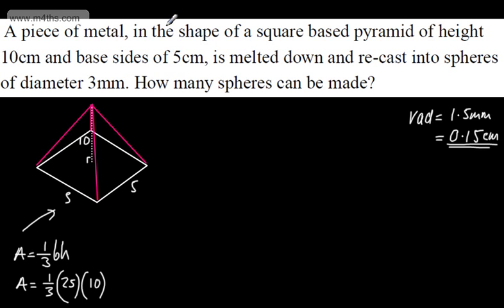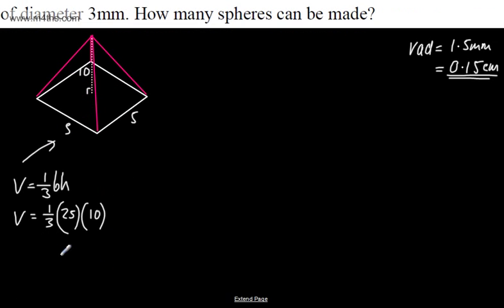I don't know why I've written area, we want the volume down here. Let's put the volume rather than the area, that makes no sense. The volume right here is going to give us that. So we can say that this is going to be 250 over 3. So volume is going to be 250 divided by 3, and that's given now as centimetres cubed.